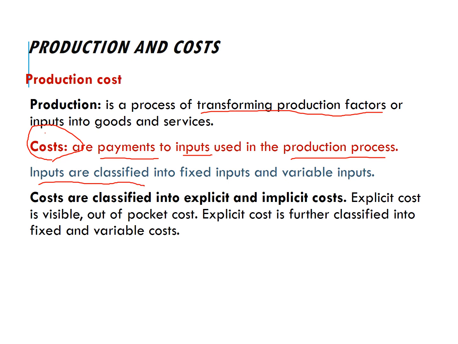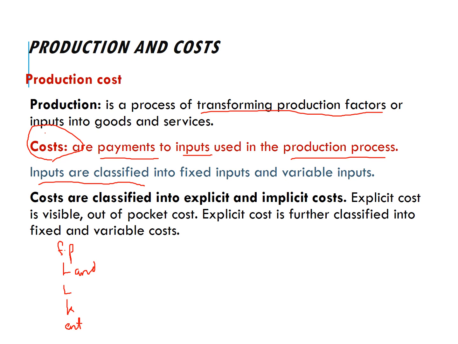To make a better understanding, I write here. So you have resources, let's say here you have land, and then you have labor, and then capital, and then entrepreneur. This is factor of production or input or resources.